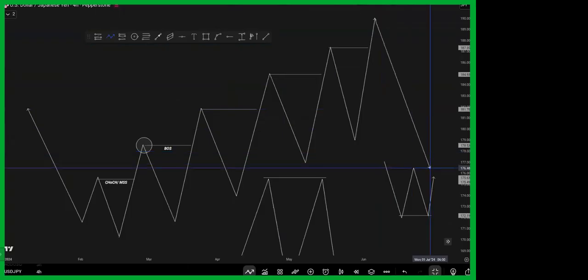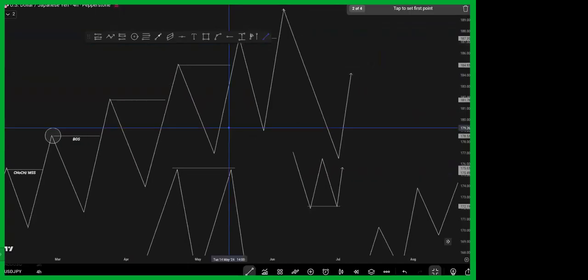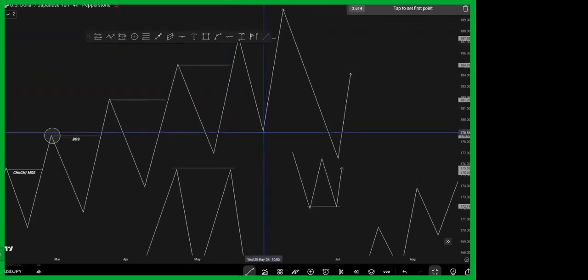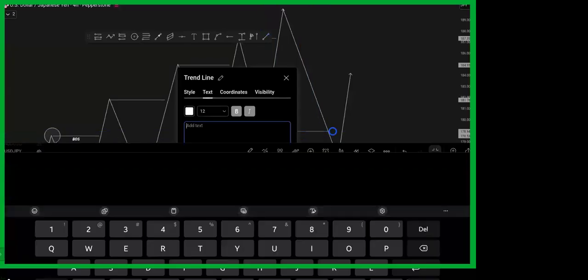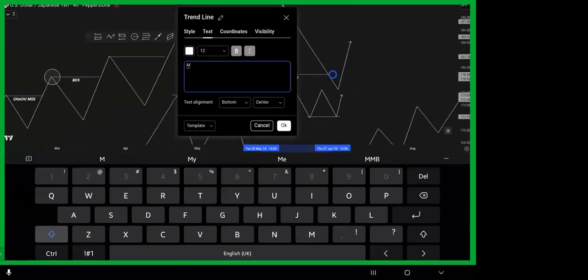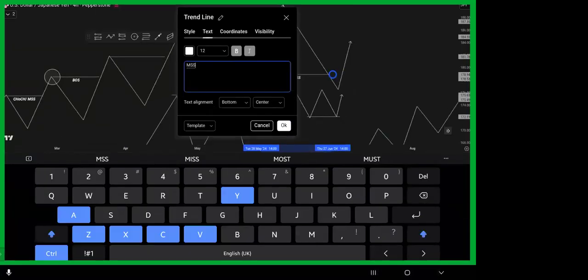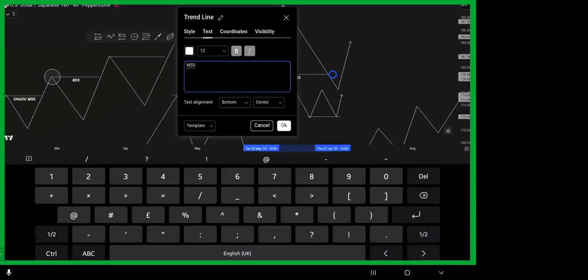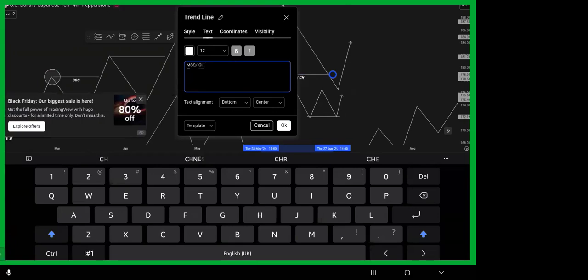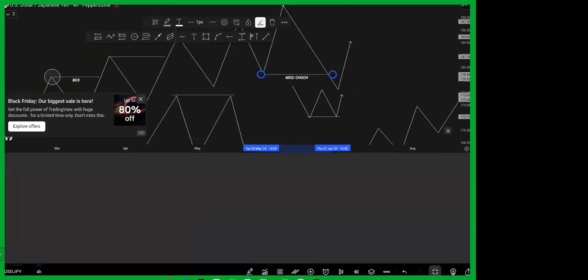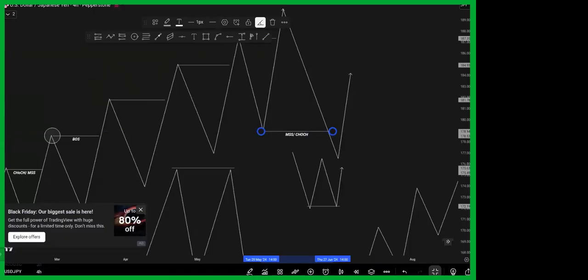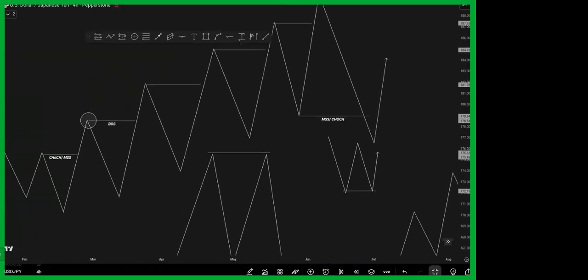The market decides to change trend again. That's why we then say that, okay, the market has given us a what? A new market structure shift or a change of character. All right.